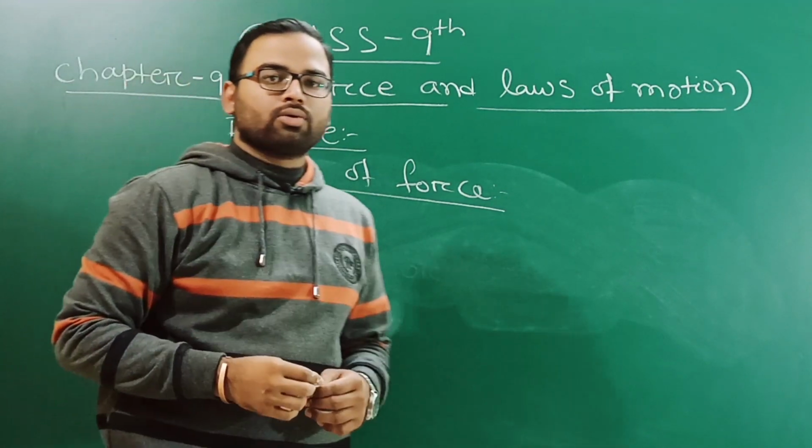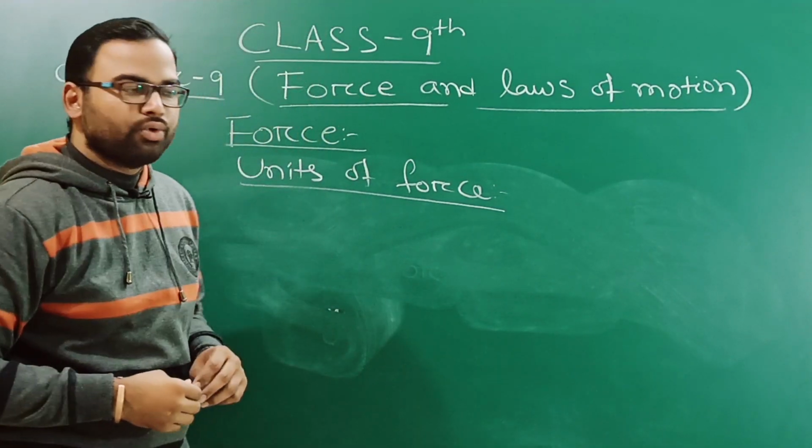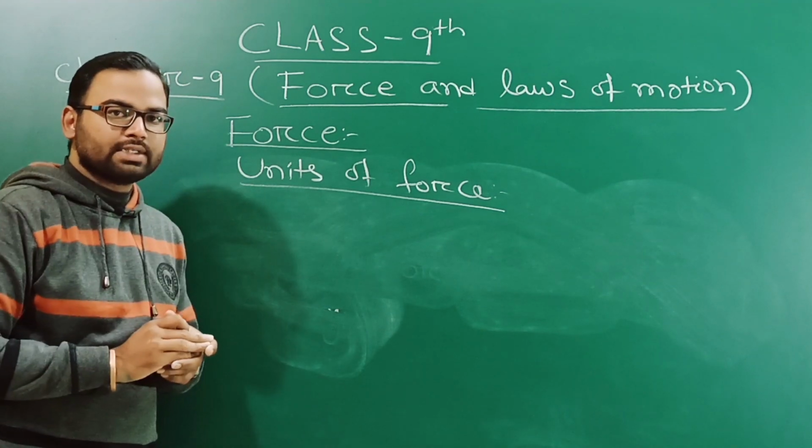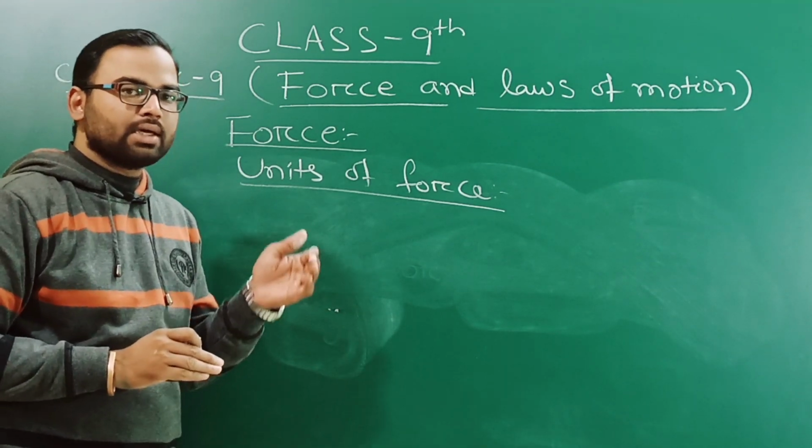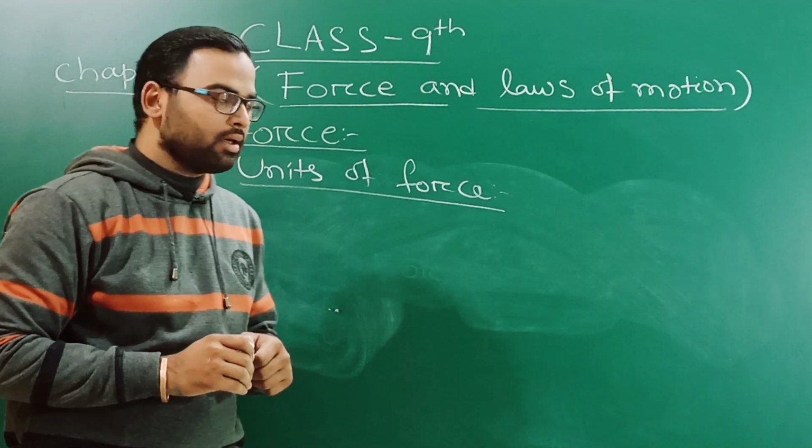Then we are going to discuss the units of force. We will discuss the SI unit first. We know there are many types of unit systems: CGS, MKS, FPS and SI.